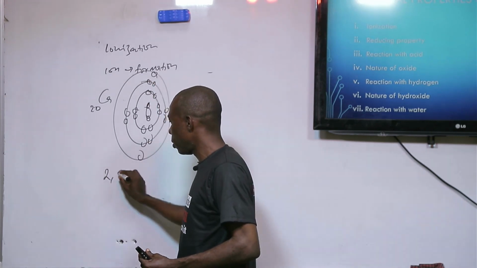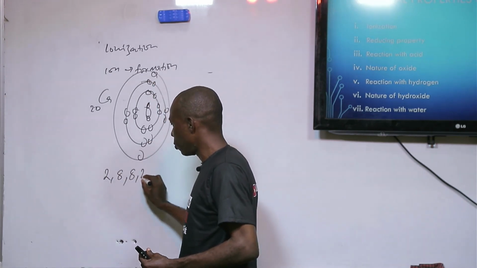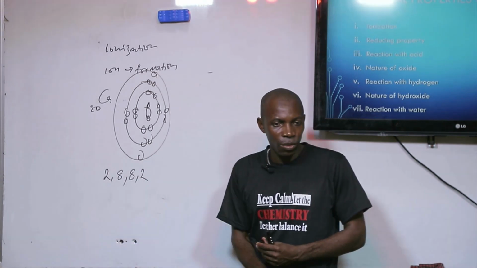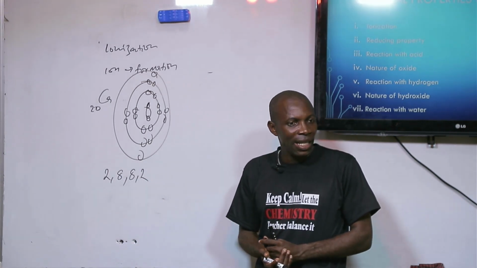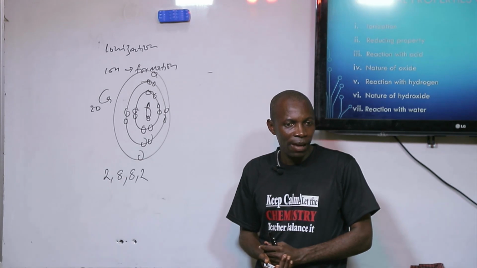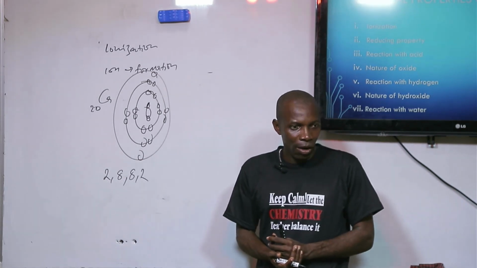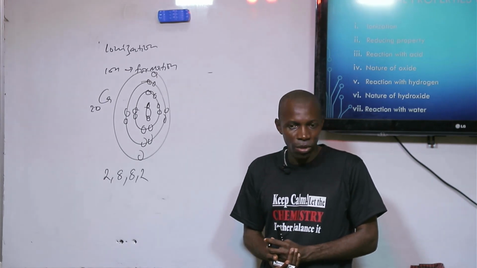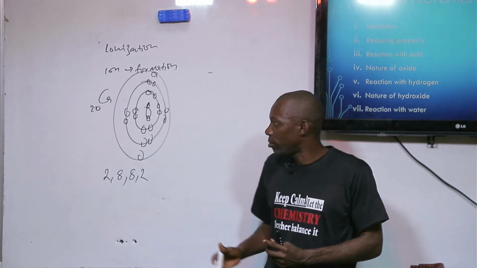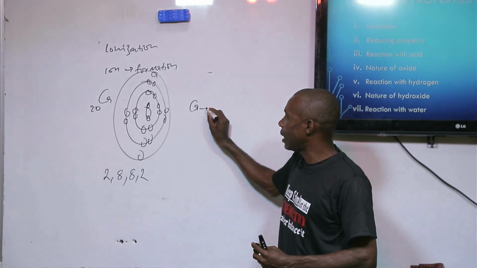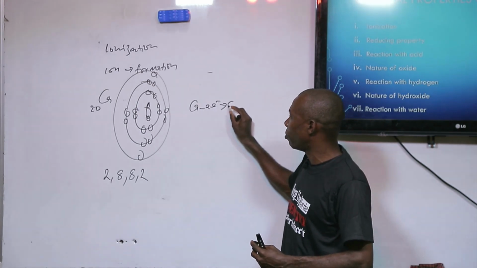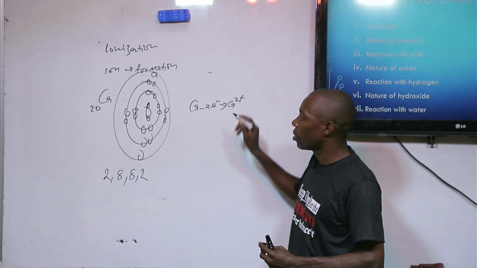Calcium is 2, 8, 8, 2. What is the valency of calcium? 2. Because the valency is less than 5 or 4, you see that it is easy for calcium to lose the valence electron, which means calcium can easily lose its valence electron to become calcium ion.